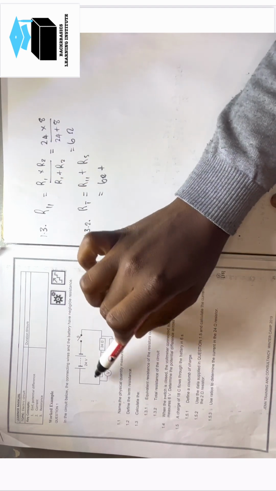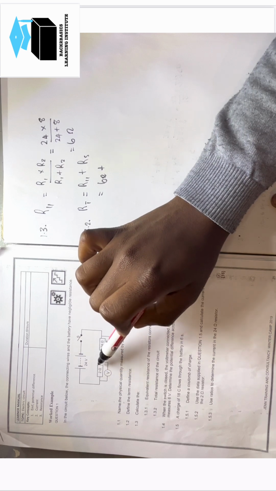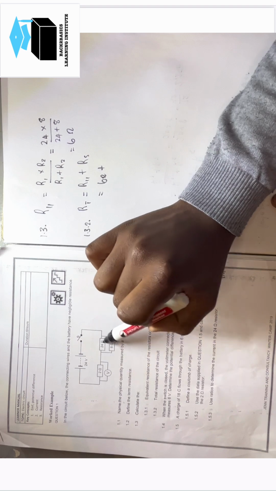Now 1.3.2, they ask what is the total resistance of the circuit. The total resistance, R total, is equal to R parallel plus R series. So this is going to be 6 ohms plus the remaining 2 ohm resistor, which is connected in series with these two.